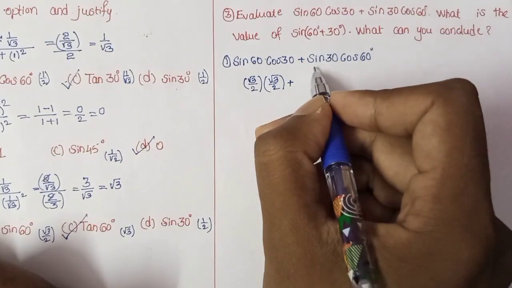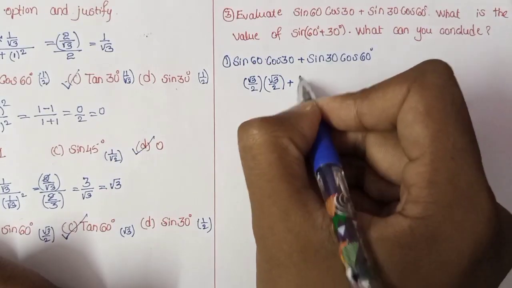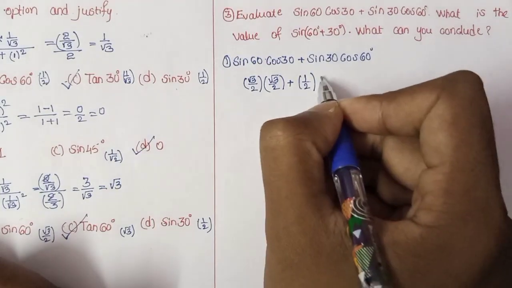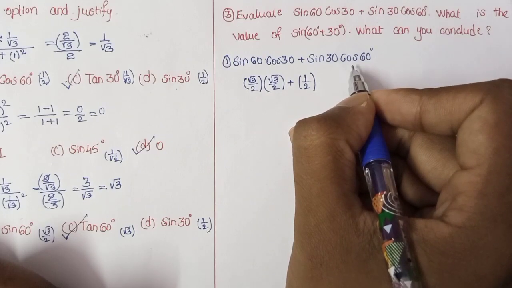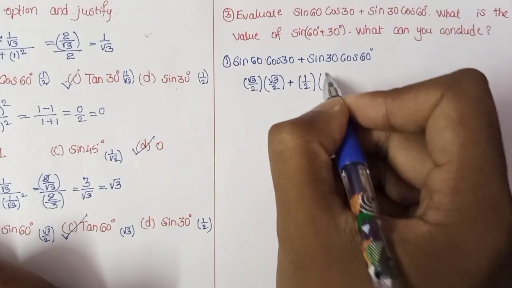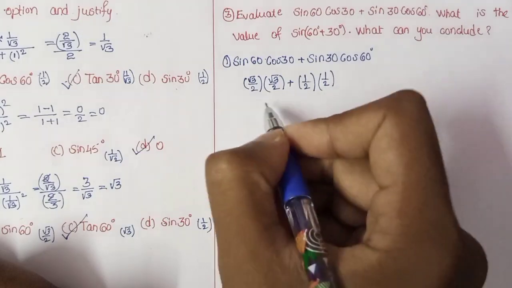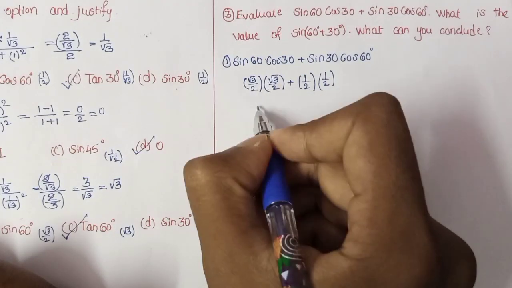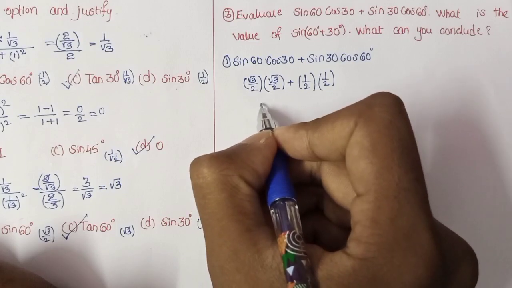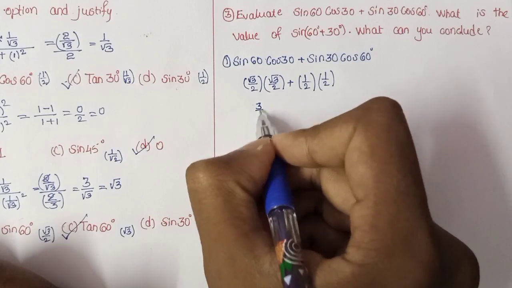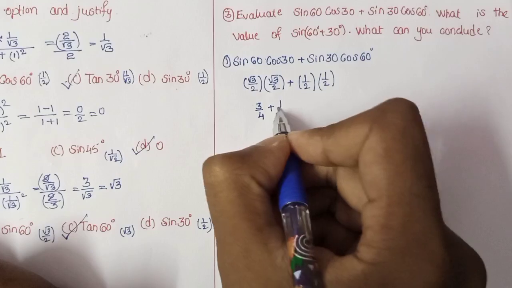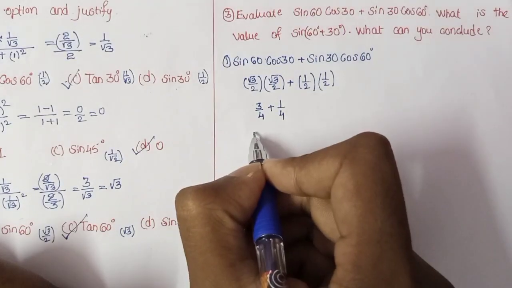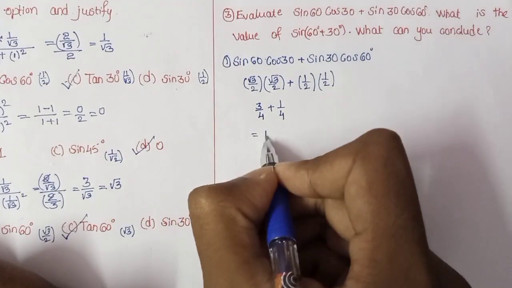Plus sine 30 is what? Sine 30 is 1 by 2. What is cos 60? Cos 60 is also sine 30. That is also equal to 1 by 2. Which is equal to root 3 by 2 whole square, that is 3 by 4 plus 1 by 4, which is equal to 1.